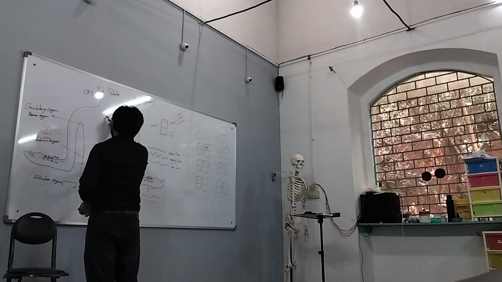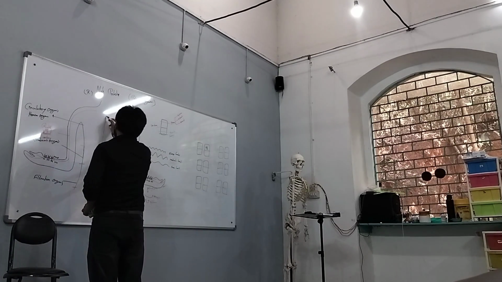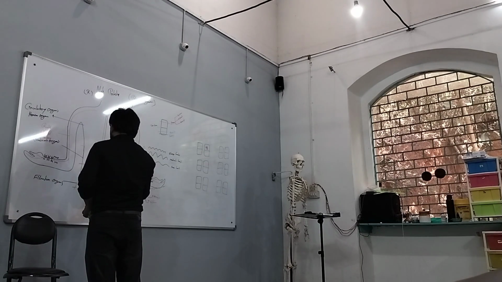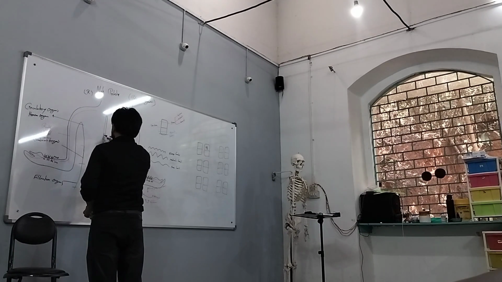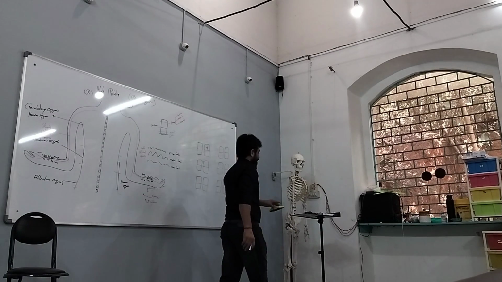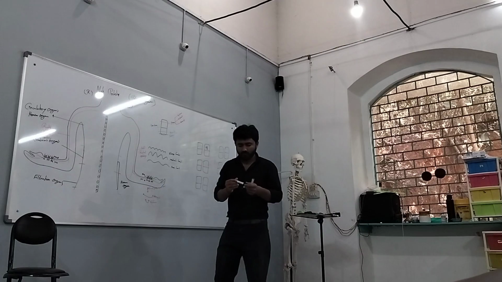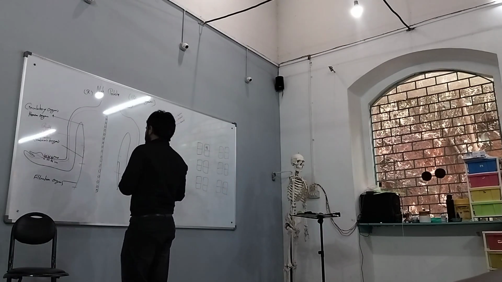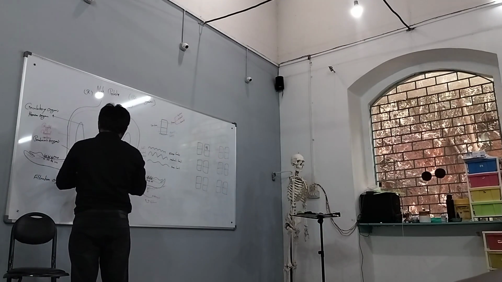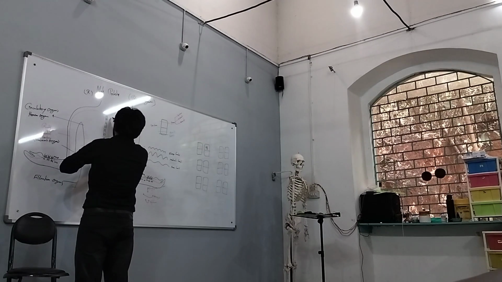And this is your spine. There are two meridians coming from the spine, 1.5 tune.